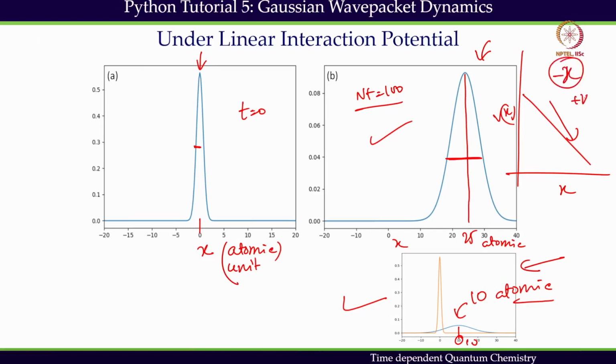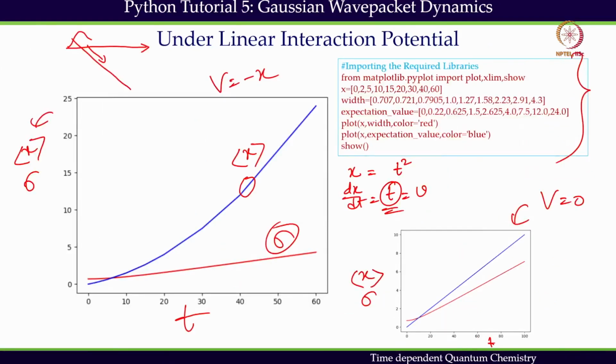If it is a plus x kind of potential the situation can be different. That is quite expected, and because it is accelerating, the mean position is nonlinear with respect to time.